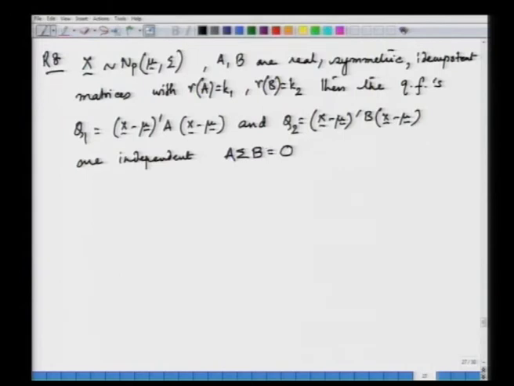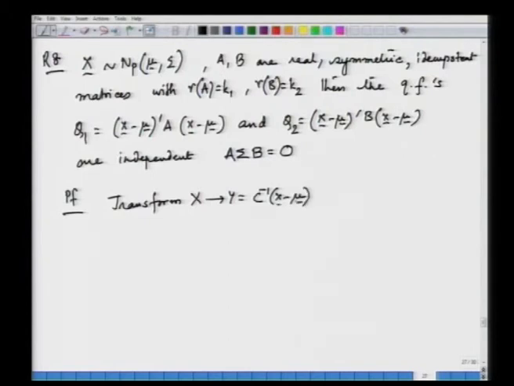So, we are going to prove this one with the help of the case sigma equal to I that we have proved just now. For that, what we need to do is just a simple transformation, and I take some y, say. So, I am transforming from x to y, and I am saying that this is some C inverse x minus mu.